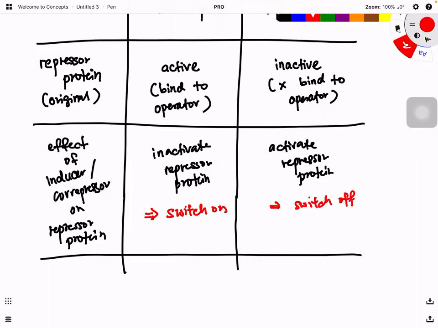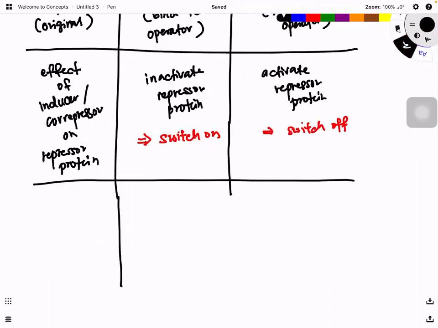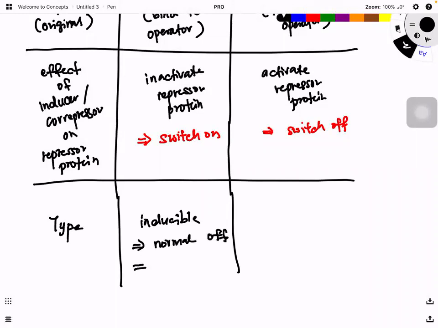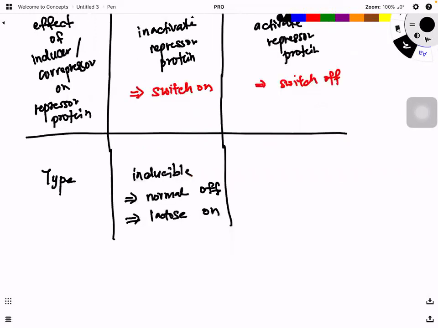So what is the type of the operon? This one is inducible. Why inducible? Because under normal conditions, it's off, and only with the presence of lactose is it on, because we want to hydrolyze the lactose, so we need the enzyme. This one is repressible, which means that under normal conditions, without the repressor protein, it is on.